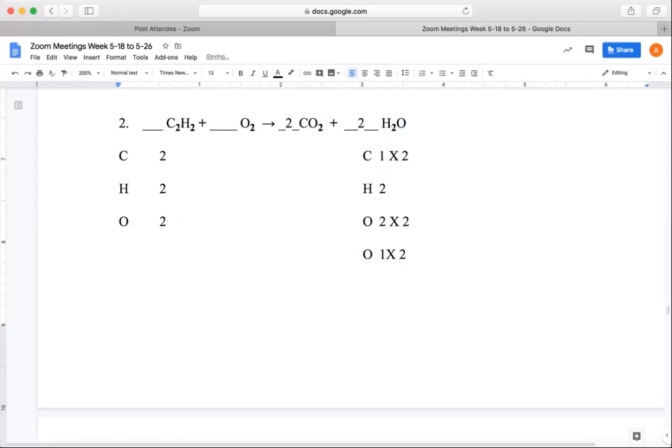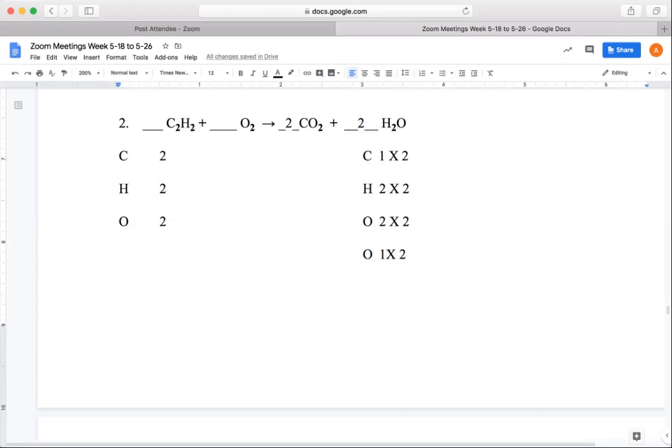If you do this, you're going to have to do this to the hydrogens because you're putting a 2 in front of the hydrogen as well, right? So now you have 2 hydrogens on the left, 4 on the right, and you have 4 plus 2, 6 oxygens on the left.